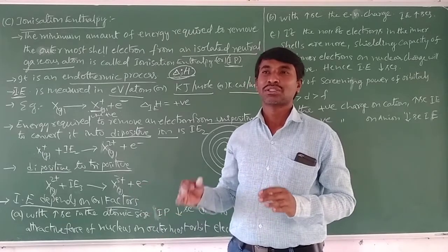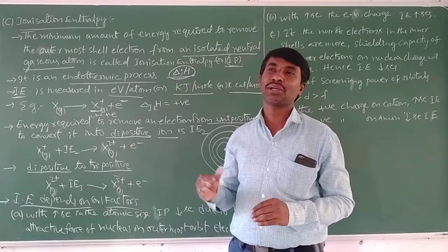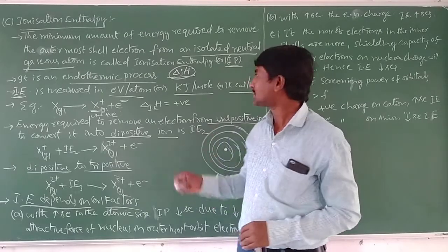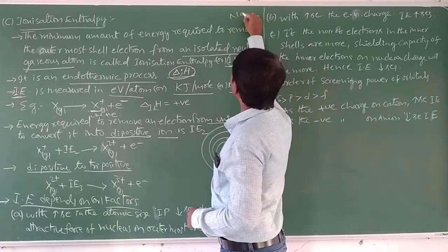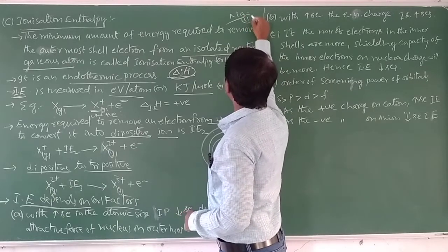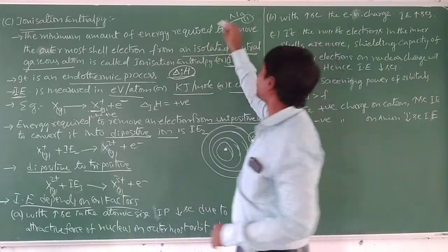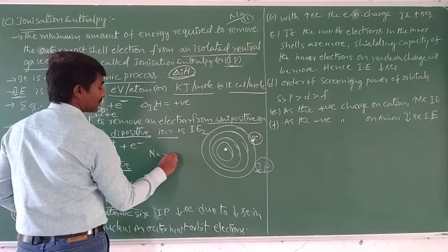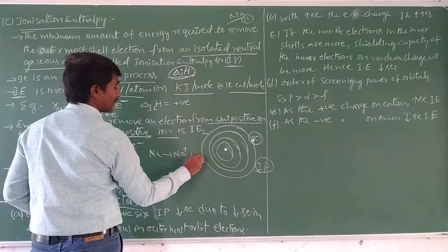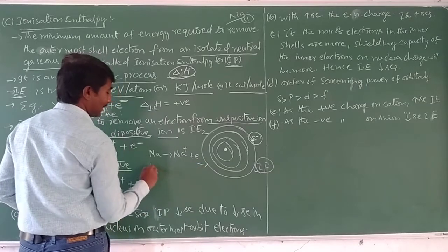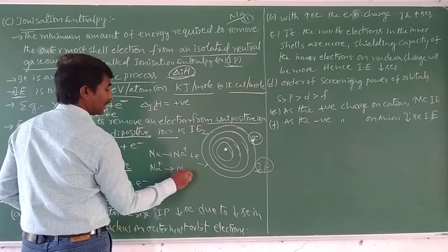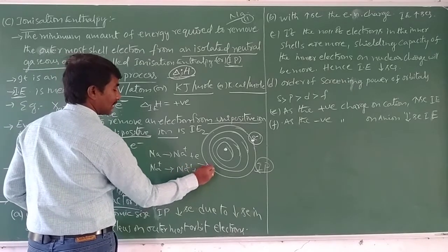Suppose we take sodium, atomic number 11. Sodium Na gives rise to Na plus plus an electron. This is the first one. Na plus gives rise to Na2 plus plus an electron.